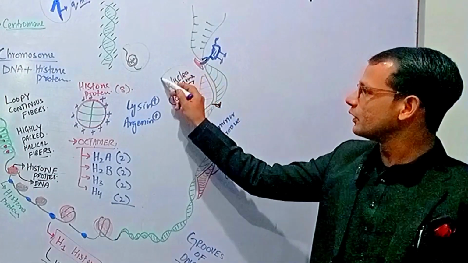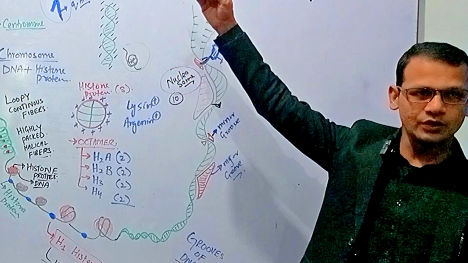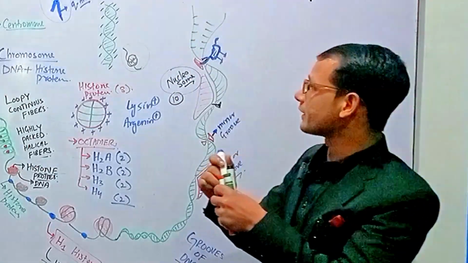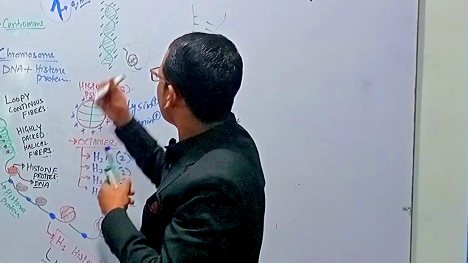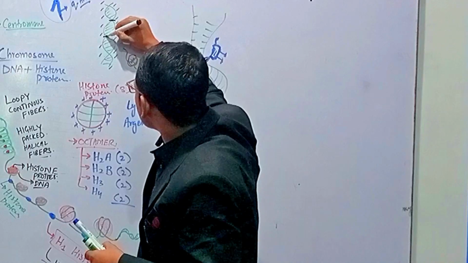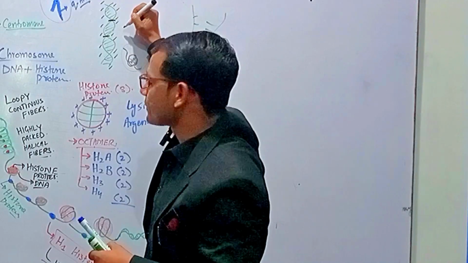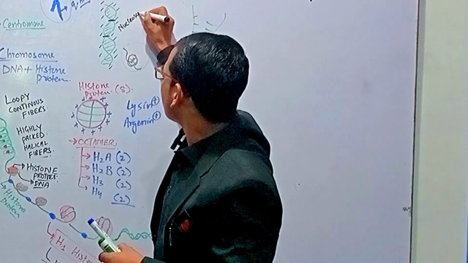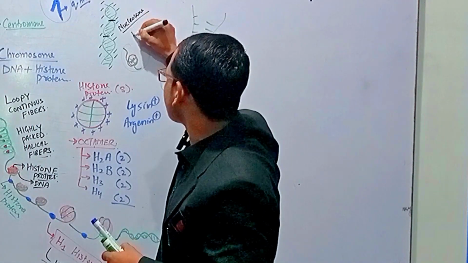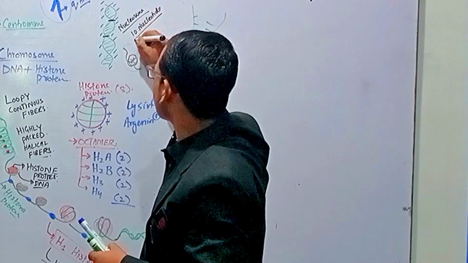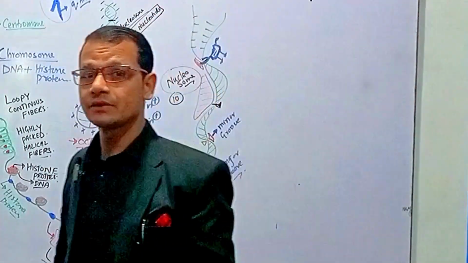This is the nucleosome, the distance between one minor groove and the other minor groove. If we take this distance, this is one nucleosome, and this one nucleosome is composed of 10 nucleotides. This is your paper MCQ, right?